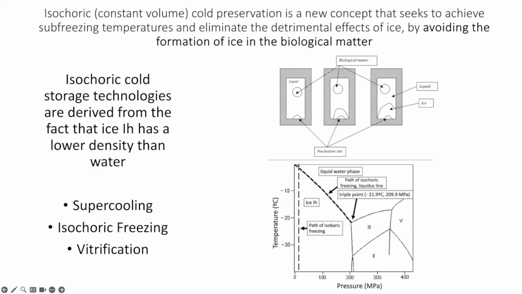In isochoric systems, as you lower the temperature, when ice forms, because ice, in a simplistic way, has a lower density than water, it increases the pressure. Now, if you look at the phase diagram of temperature and pressure, as you increase the pressure, you go along the liquidus line.